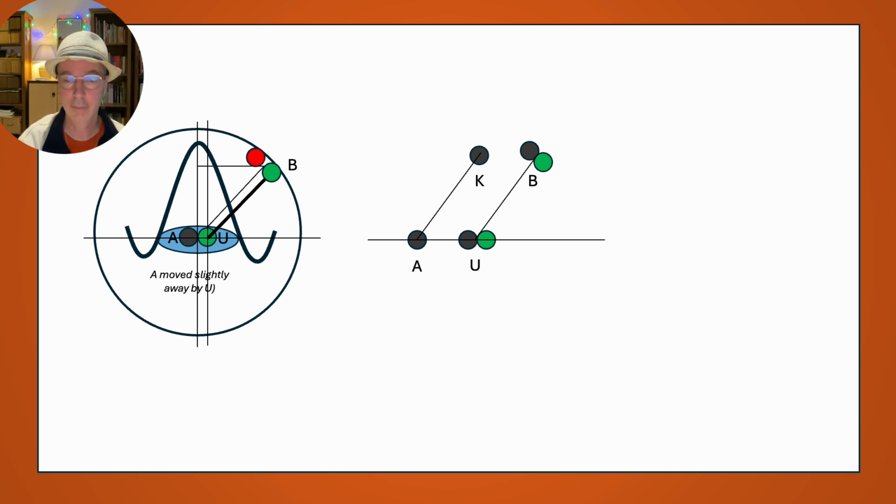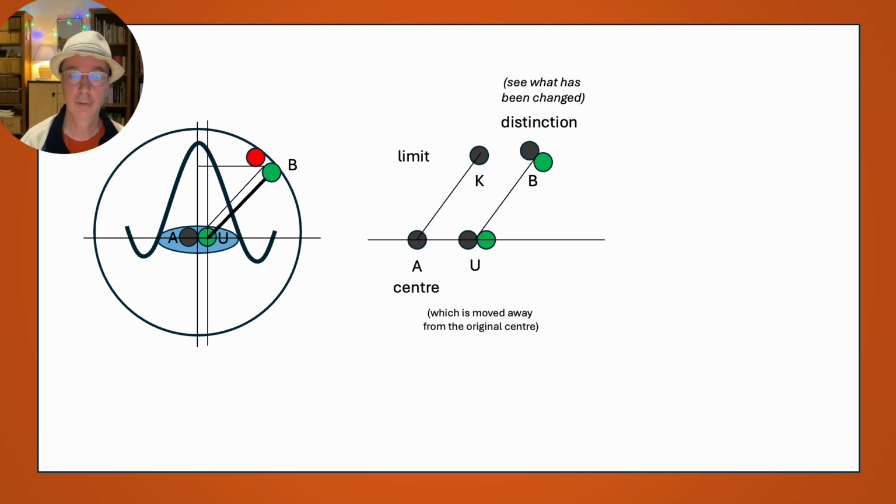So you have here, for instance, the starting point of A and the limit of K, the limit in its diagonal, which are now split into U and B. So the normal way of thinking is starting from a center point with a certain limit. Here it is getting a variation.